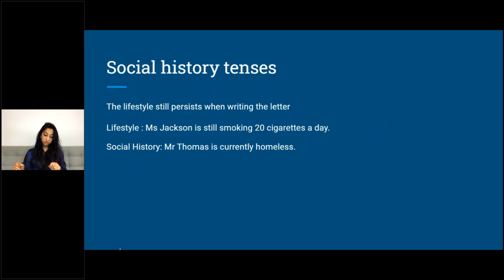Let's move on to social history. Guys, the social history still persists when you're writing your letter. Just make your life easy. When you're writing about social history and lifestyle, don't get confused. Just write present tense. "Mr. Johnson is currently homeless. Mr. Jackson is still smoking 20 cigarettes a day." Just make your life easy.